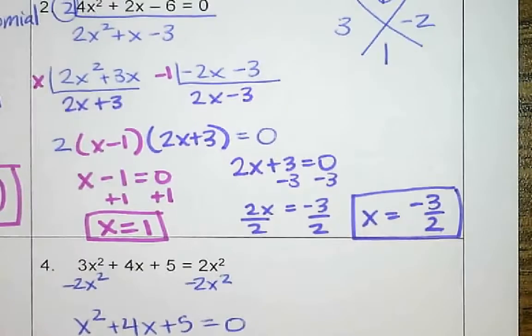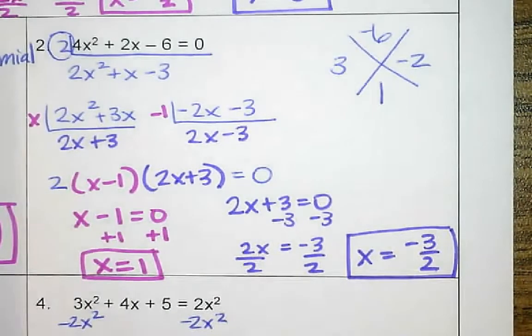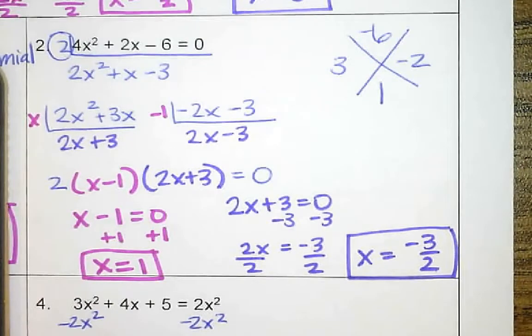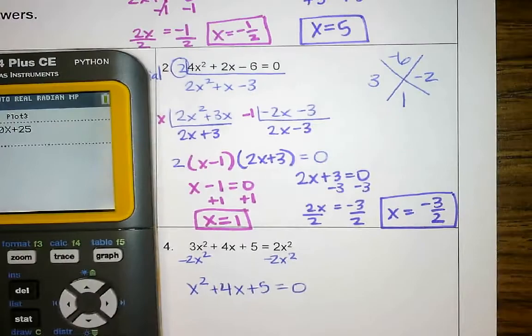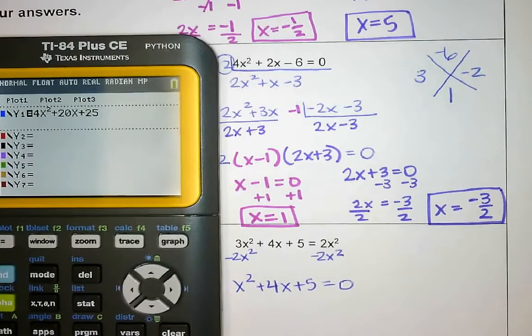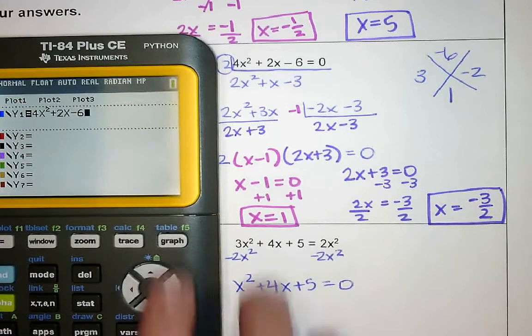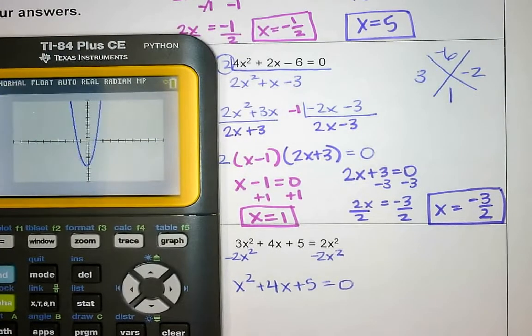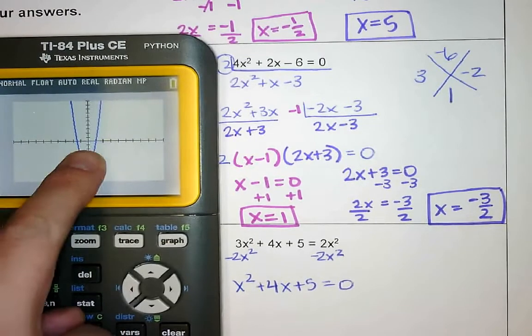Y equals 4x squared plus 2x minus 6. I'm going to hit graph, and I see, yep, that's about negative 1.5, and that's 1. So those two solutions actually match what we got here. Does that make sense, guys? Always graph your equation and check it. Always, always, always.